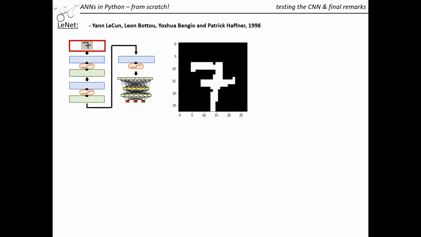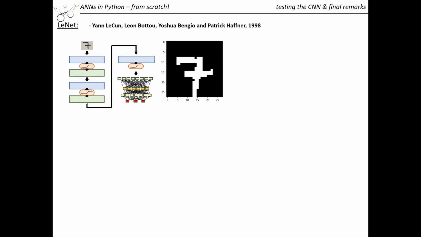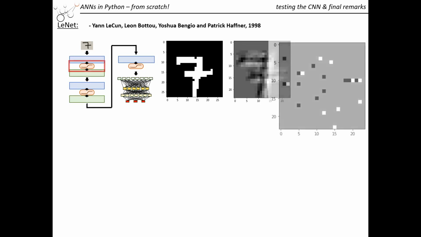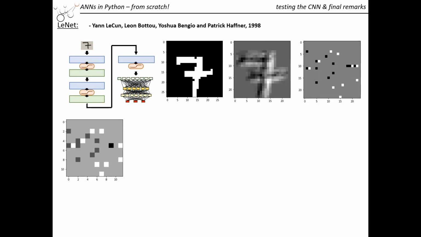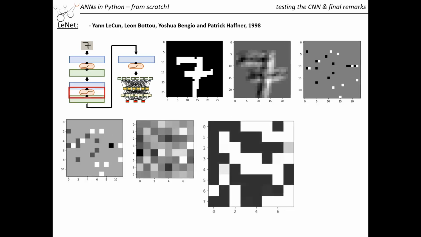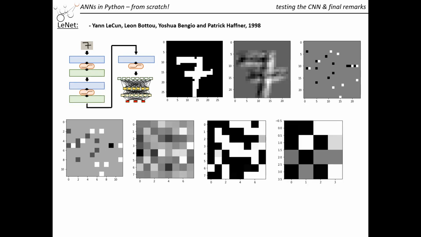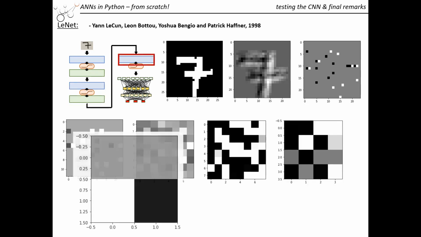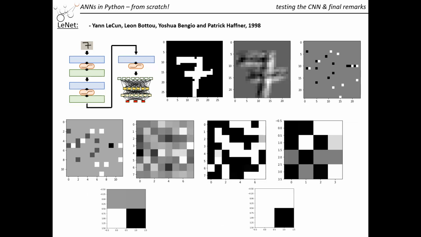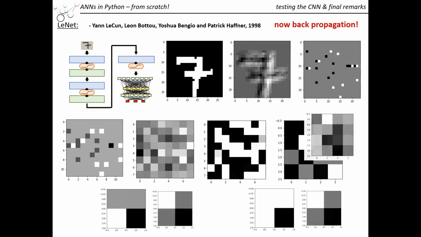Then you can actually play with the LeNet and see how it digests this information from the different images, from the different numbers. That's what it really does. And then it feeds it into our dense layer. And now we do the backpropagation.